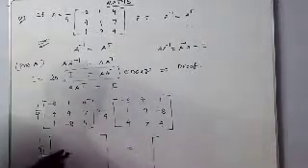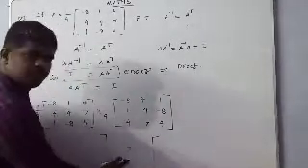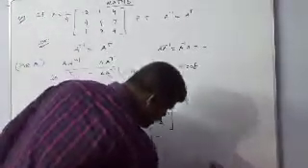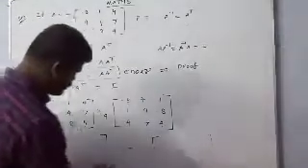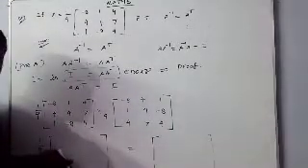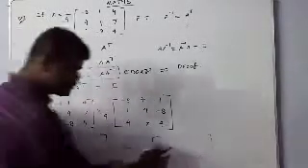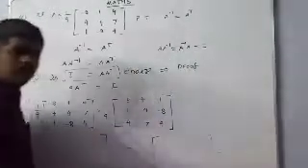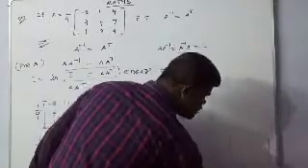So that's why I am saying give the blank space and equal to, and we have to create the identity matrix. What is the identity matrix?